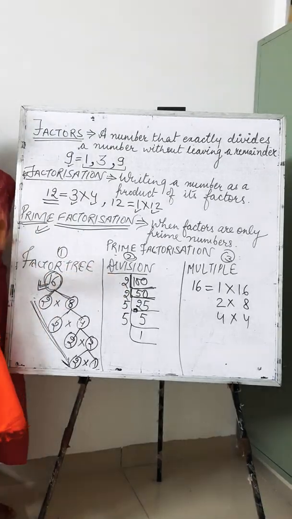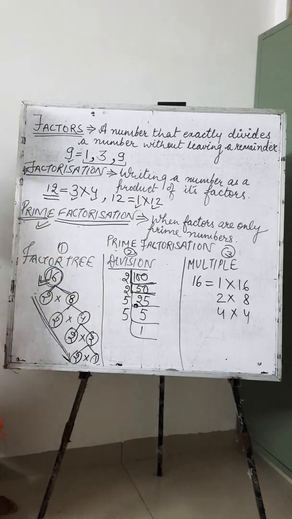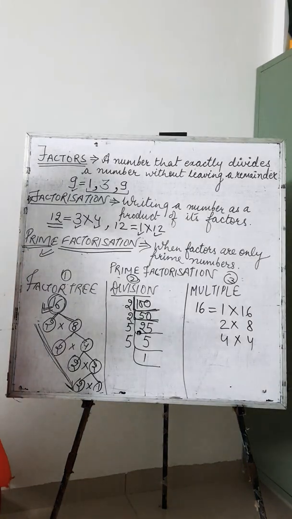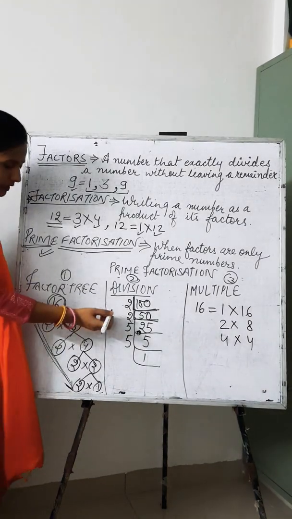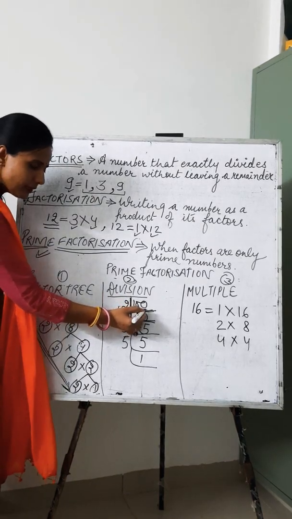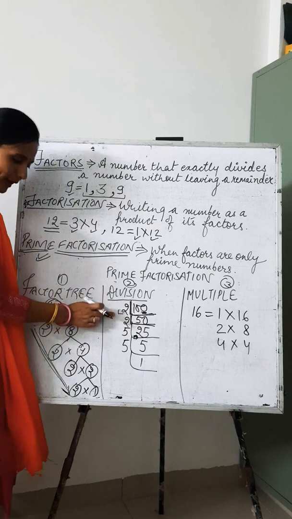Why 2? Because we have studied divisibility. Children, the divisibility rule of 2 says that whenever there is an even number at the ones place, that number will be divisible by 2.